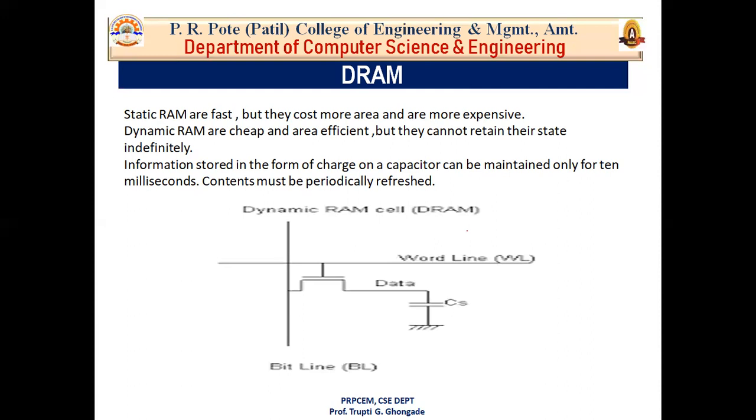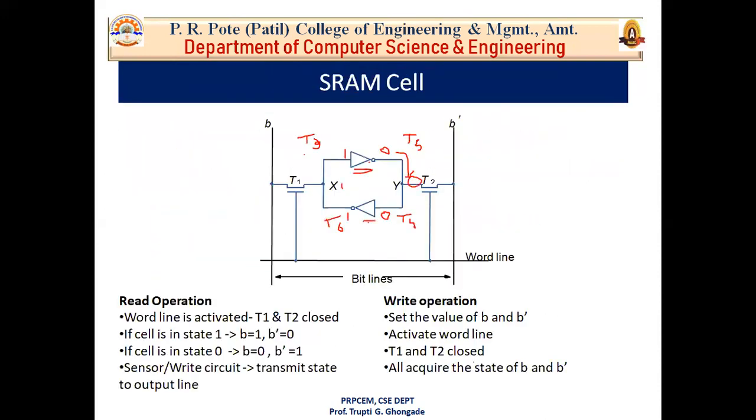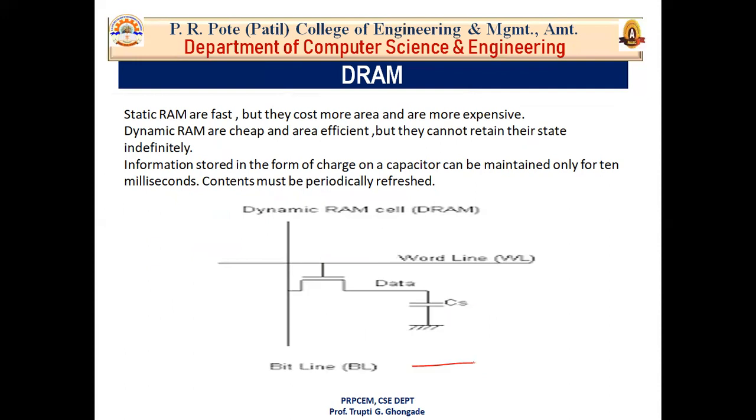Okay. So this figure shows a single cell in DRAM, just as the earlier figure was a single cell SRAM. Now let's see the single cell DRAM. If you look into the diagram, it consists of one transistor and a single capacitor.